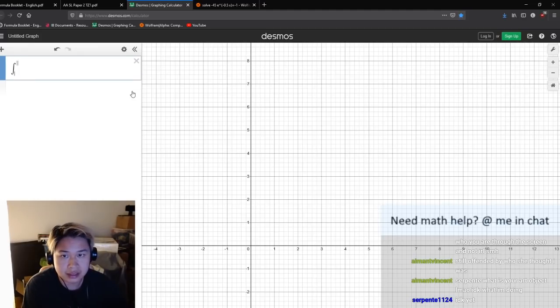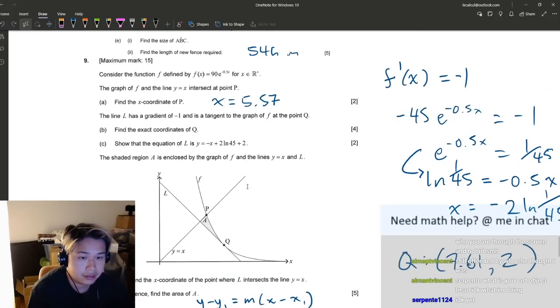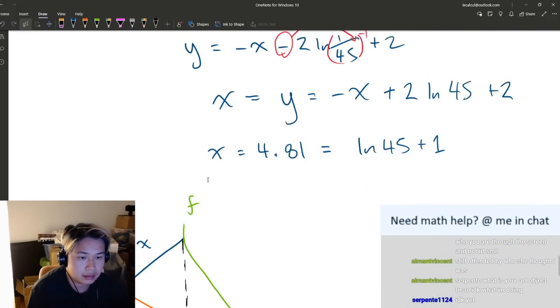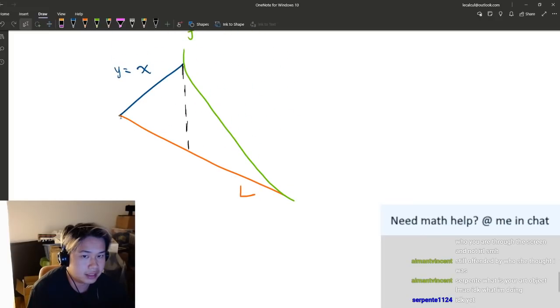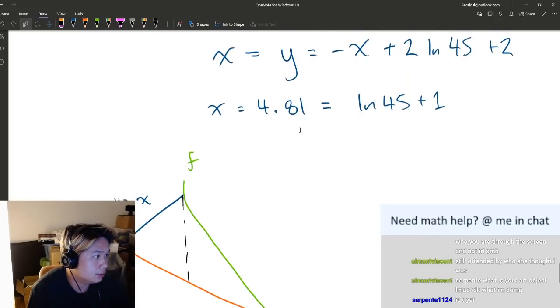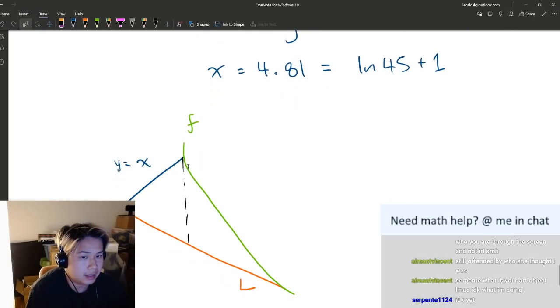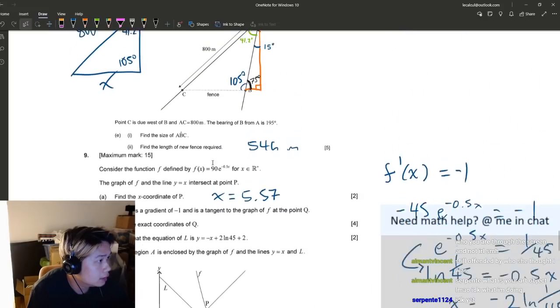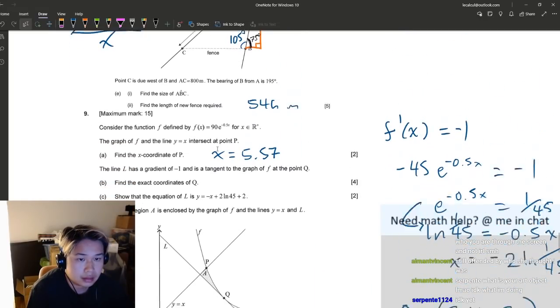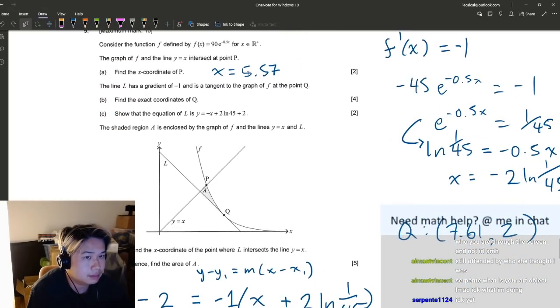So again, we're going to do the integral from the point of intersection of these 2 lines, which I think was this number, 4.81, to the x-coordinate of this point, which is 5.57.